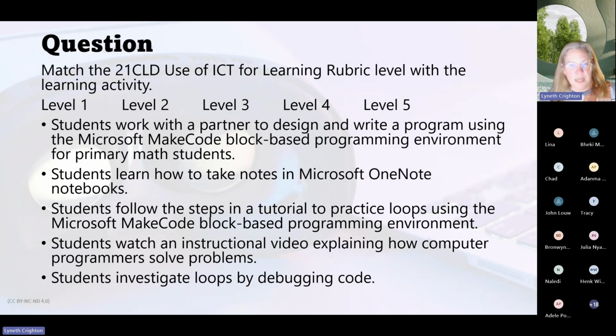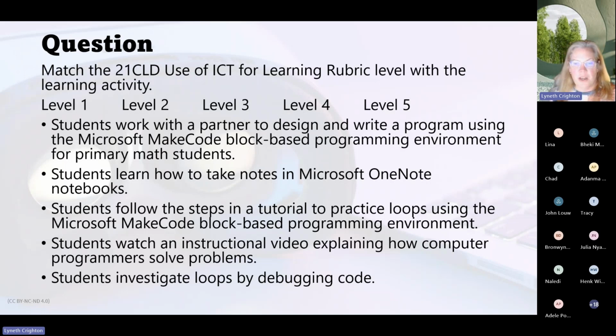If they follow steps to practice loops, yes, they could use it to practice skills or reproduce information, but they're not constructing knowledge. So that's a level 2.